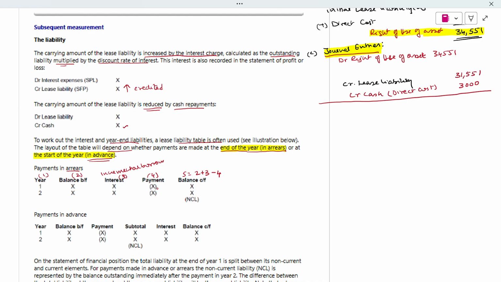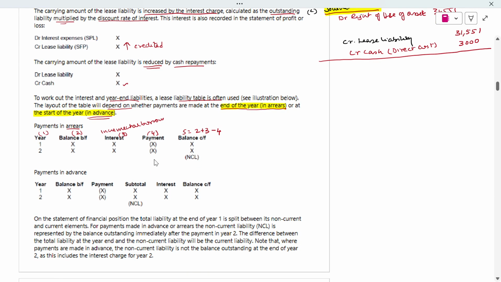Here we are paying at the end of the year, in arrears. If you are talking about the beginning of the year, we pay from the opening balance at the beginning of the year, and after paying the lease payment, we calculate the interest.